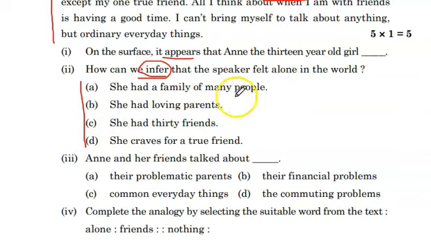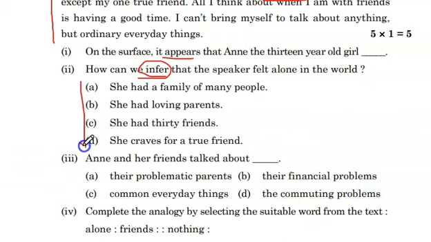She had a family of many people. She had loving parents. She had 30 friends. She craves for a true friend. So if you read the options carefully, you can easily find the answer. Now, look at this.